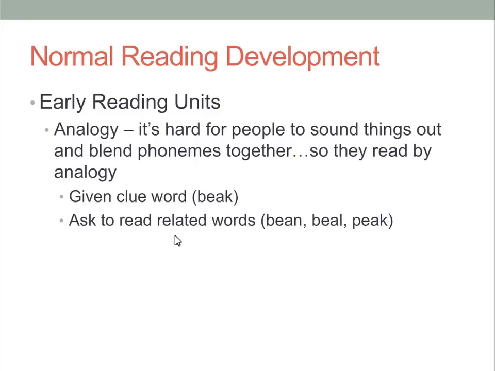So we'll give them a word clue like beak, and then ask them to read related words like bean, beal, and peak. So those all have very similar phoneme clusters in them. And so you're able to see if they're having trouble with the onset or the rhyme part of this, and see where the breakdown is. So which phoneme is the issue.